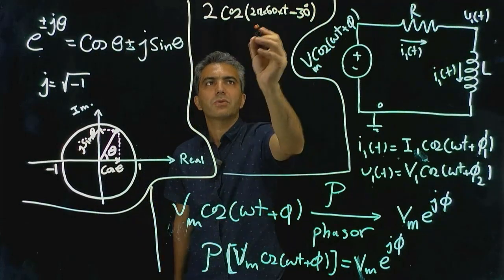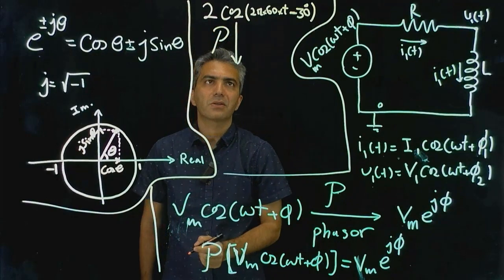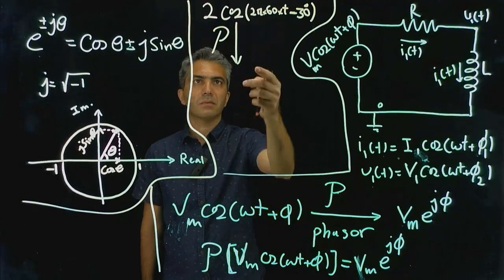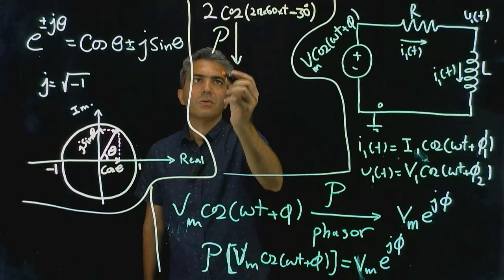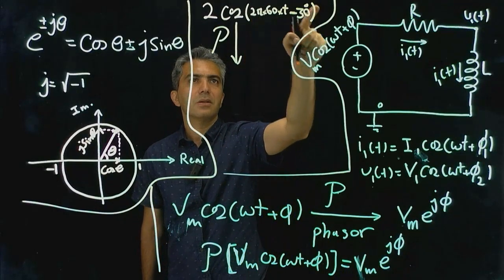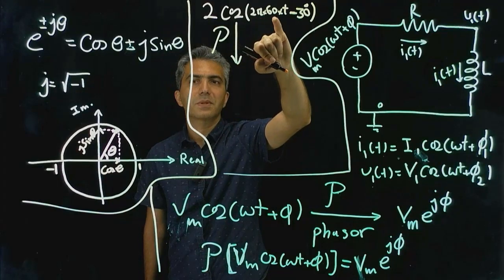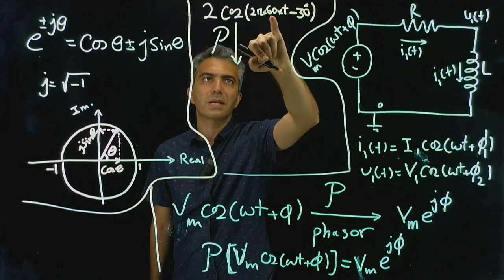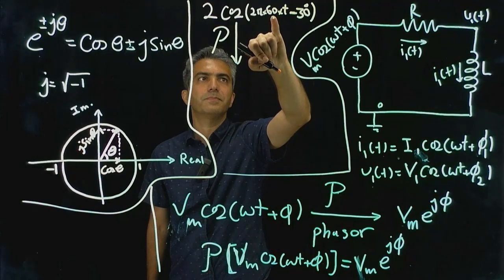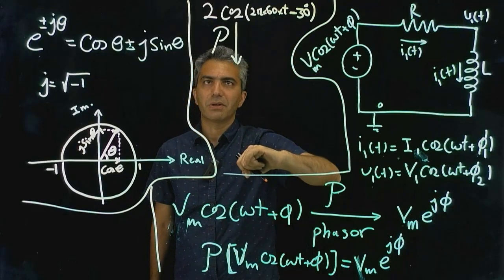Now I want to take this signal and transform it into the phasor domain. So you can see the phasor transformation down here. As you know, what this signal means is that the angular frequency is 2 pi times 60. So the normal frequency f is actually 60 hertz. And it has a phase of minus 30 degrees.